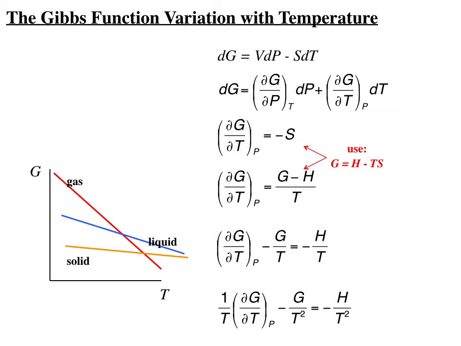Now then what I'm going to notice is a trick with the differential of G/T. And if I multiply both sides by 1/T, I get that 1/T times the variation of the Gibbs function with temperature minus G/T squared equals -H/T squared.